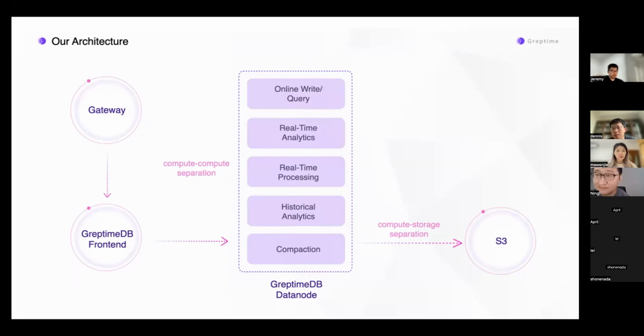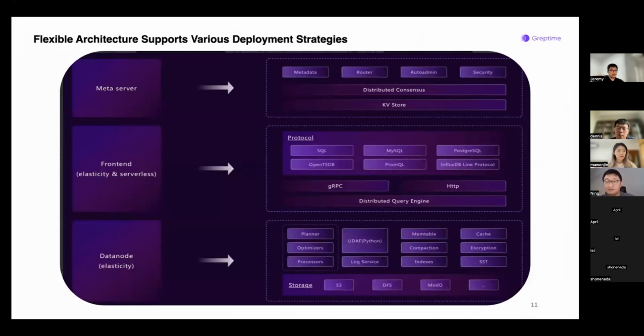The next is the flexible architecture. With the flexible architecture design principles, different modules and components can be independently switched on, combined, or separated through the modularization and layered design. For example, we can merge the frontend, the data node, and the meta server modules into a standalone binary, and we can also independently enable or disable the write log for each table.